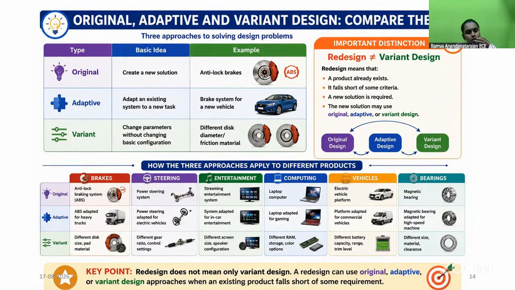So the key point here is redesign does not mean only variant design. A redesign can use original, adaptive, or variant design. You can redesign a product with any of the three methods. It is not necessary that changing the parameters is a redesign. So a redesign can use original, adaptive, or variant design approach when an existing product falls short of some requirement.